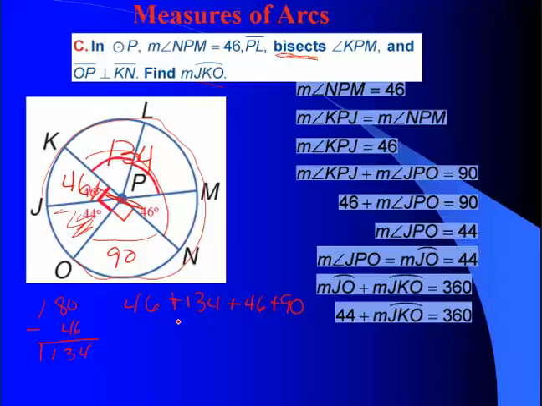You get 180 here, obviously, since this was a semicircle. If I add these two together, I get 136. When I add these two together, I get, what, 216? No, 316.